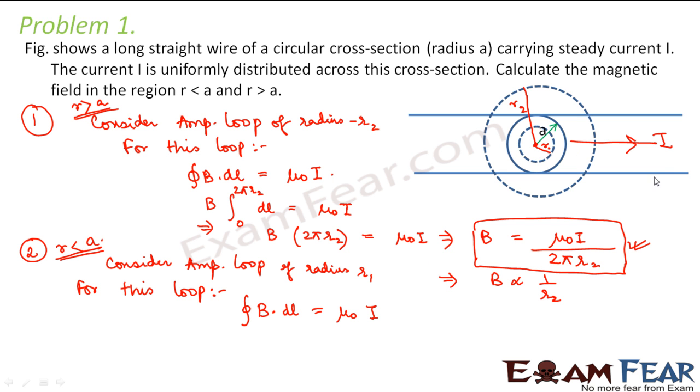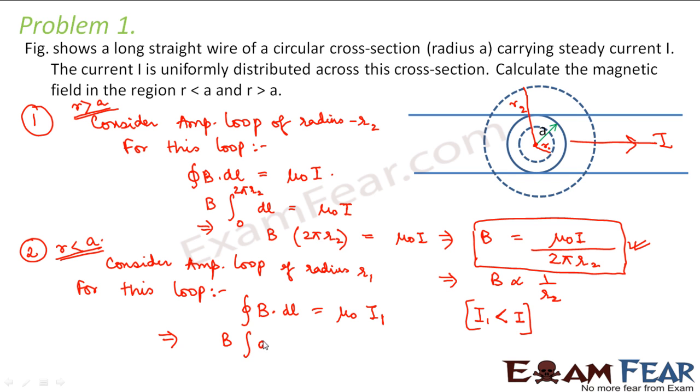So it will enclose lesser current. Let us suppose it encloses current I1. This I1 will be less than I. That is very obvious, right? What will be the value of this I1? We have to calculate that.